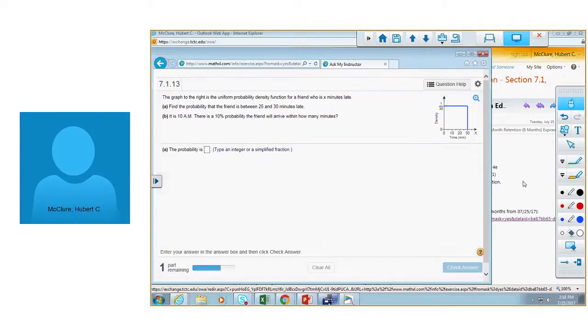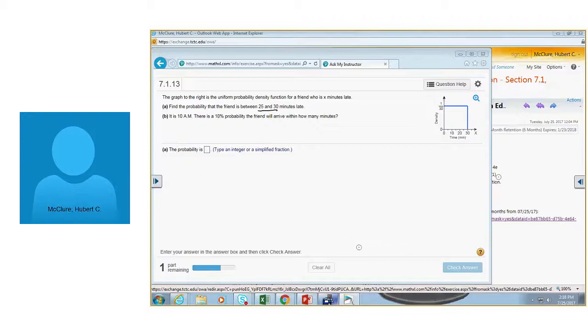For those of you that have no idea what I said and you didn't watch the video on the 2 problems that we did in class. It says find the probability that a friend arrives between 25 and 30 minutes. 25 is right here, and 30 is right here, so they want to know that area. Area of a rectangle is length times what?